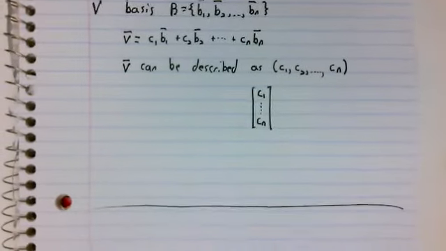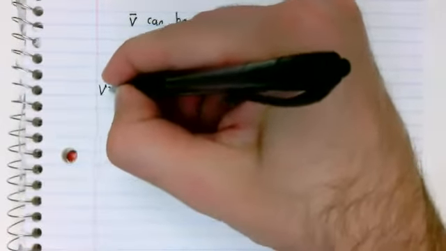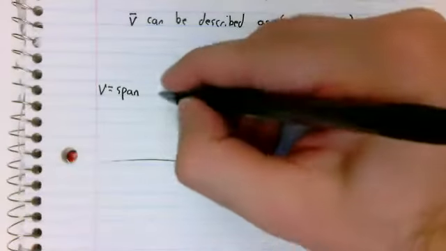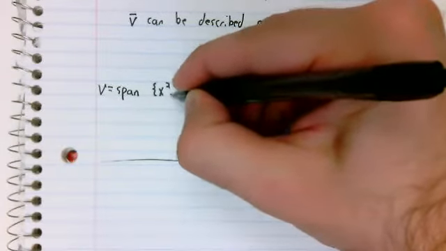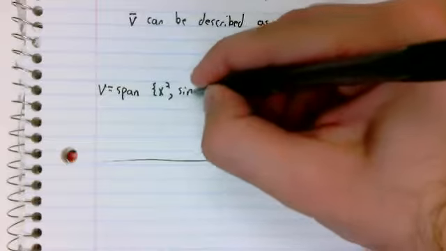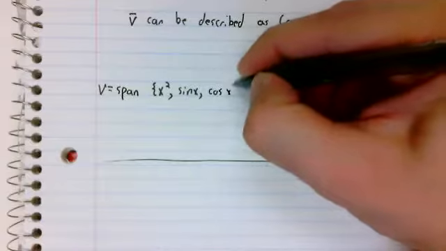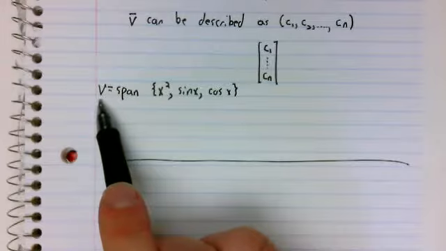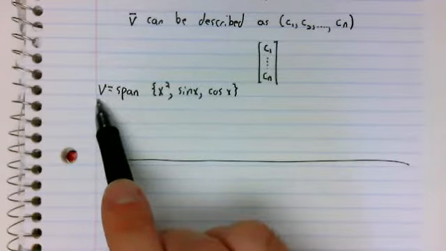So, for example, maybe V, capital V, is the span of some functions. So V is a subspace of the space of continuous functions. It's a vector space.